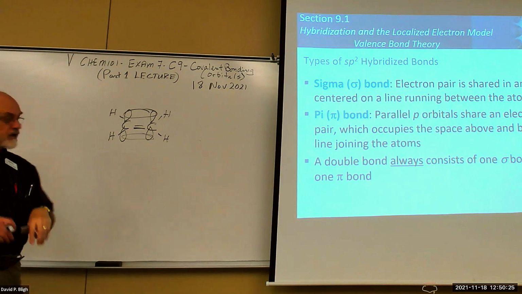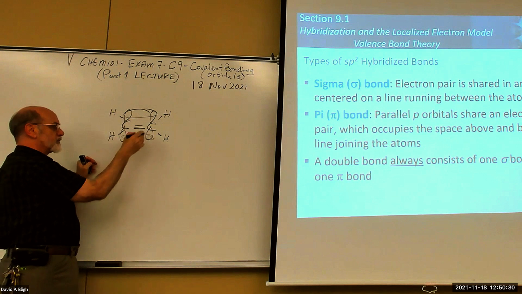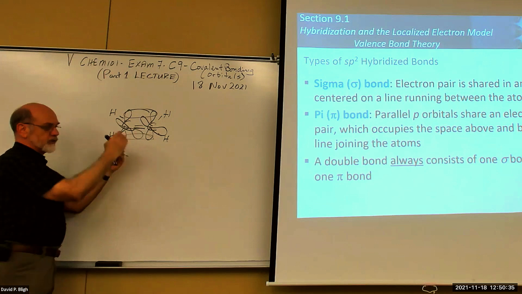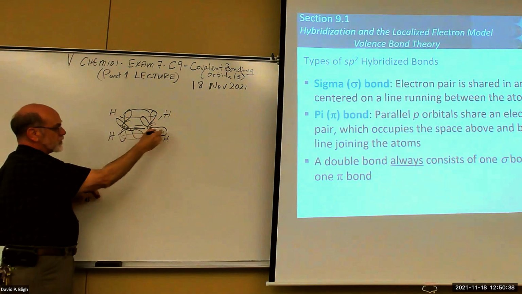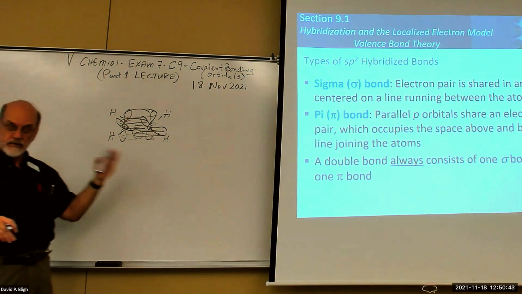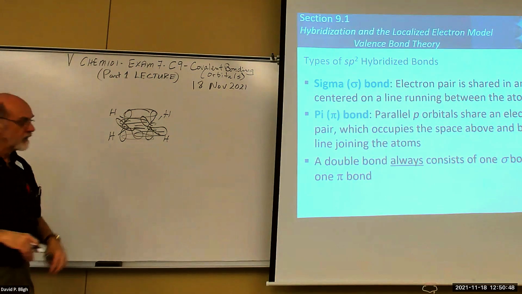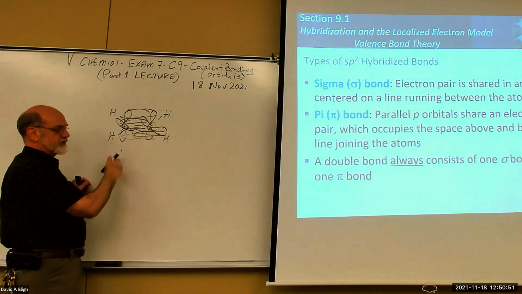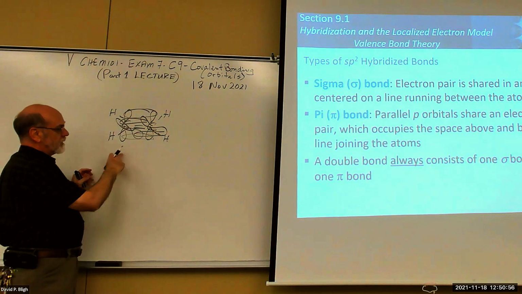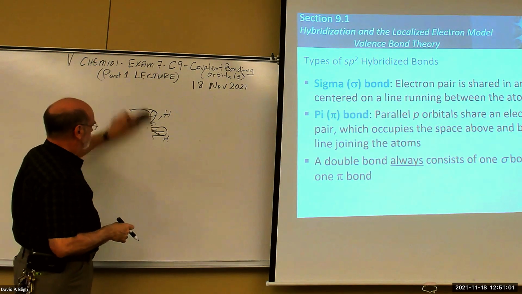But off axis, you could have a bond forming in this plane, or if you have an unused orbital coming in and out of the board, you can still overlap those, and that would make your other pi bond. Because the p orbitals are x, y, and z. We've already used the one on the x-axis to hybridize and make the hybrid orbitals. So now, in this case, we really only have 1. So I'm making a mess up here.